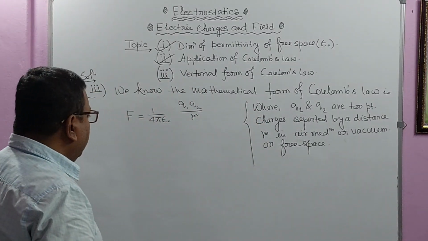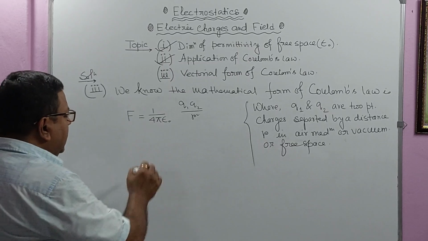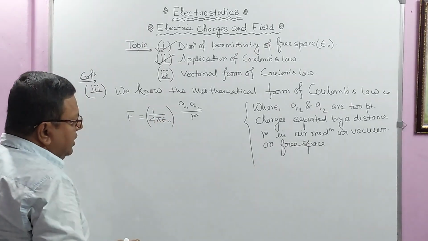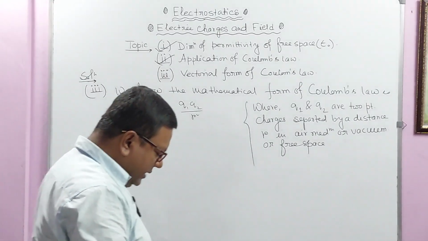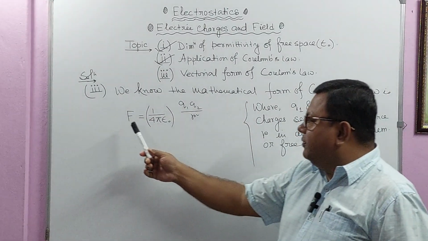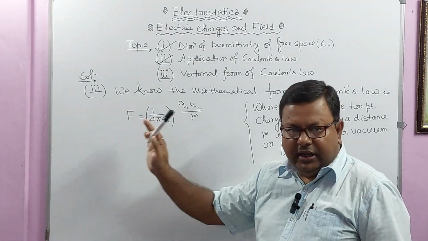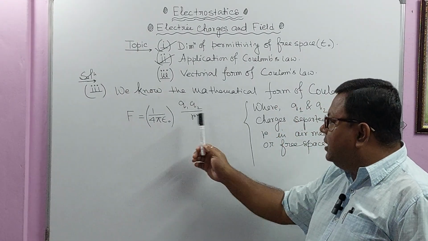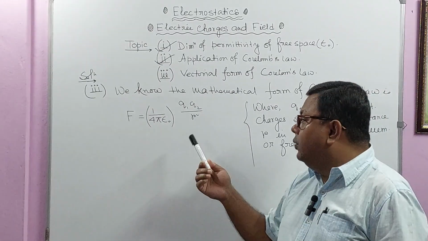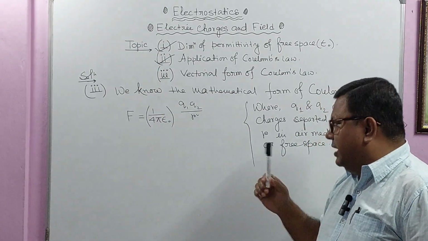So for converting this into a vectorial form, first of all we should know that here this is a force, it is a vector quantity, on the left side. So on the right side, first of all we should analyze the quantities, then we will realize how to convert it into a vector.